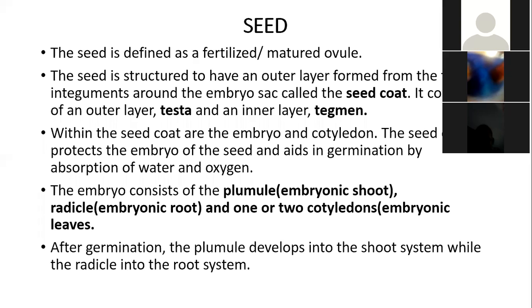Now, when you are asked what the function of the testa is, it's the same thing, because the testa is the seed coat. The tegmen is also the seed coat. So if you are asked that question, you should know that they are asking for the function of the seed coat.